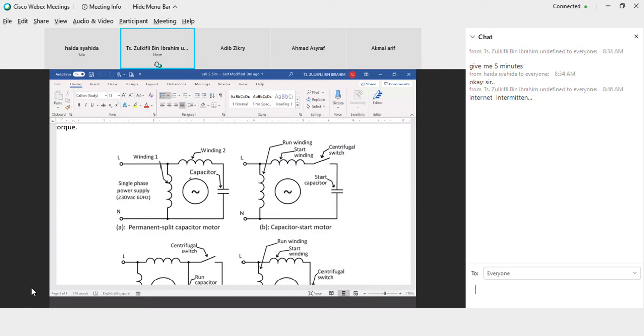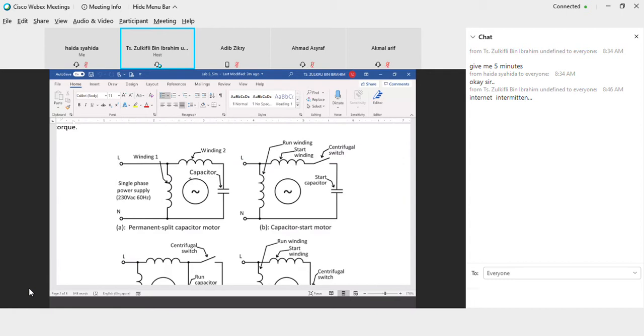So for the single phase, you have two windings, and the second winding is connected in series with the capacitor.